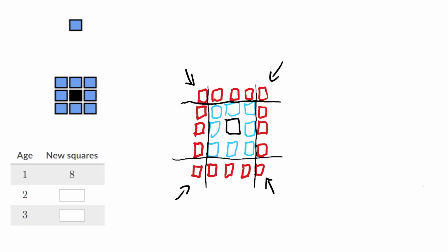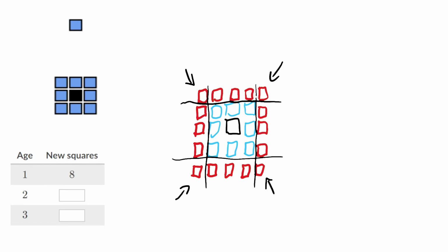So in order to get the next bigger one, we're going to have to add, again, each of these sides we're going to expand out, and then we're going to add 4 corner pieces. I hope that makes sense.